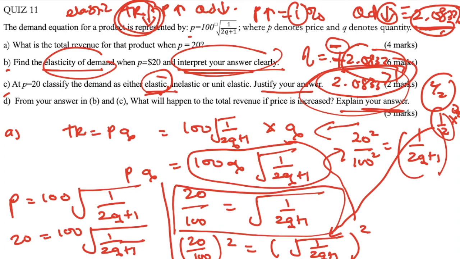So if you know that the person is very sensitive to the change in price, there's no point increasing the price just because you want to increase revenue and then profit. They will run away from you because they will feel that the price increase is too much. You get what I mean? That's what happens when it is very elastic. Okay, so that's the answer for D.